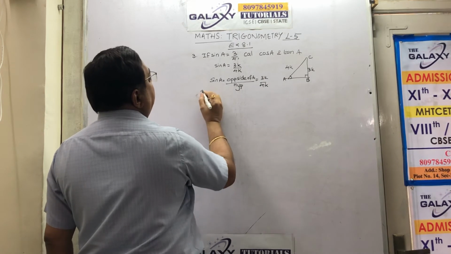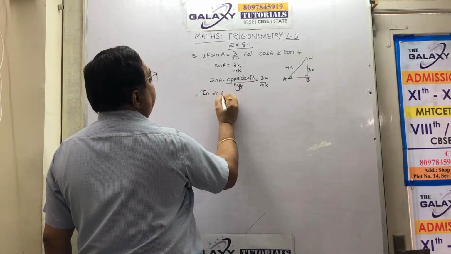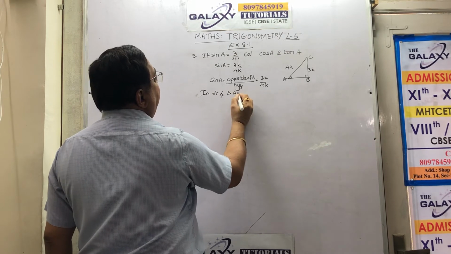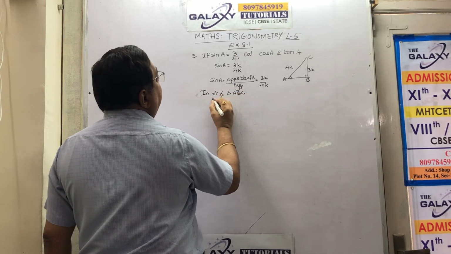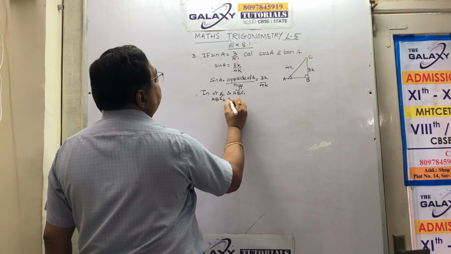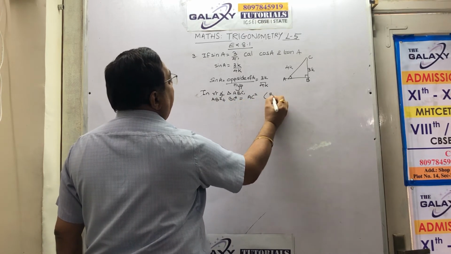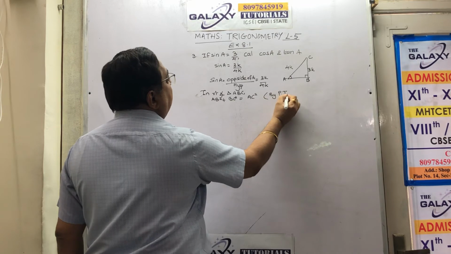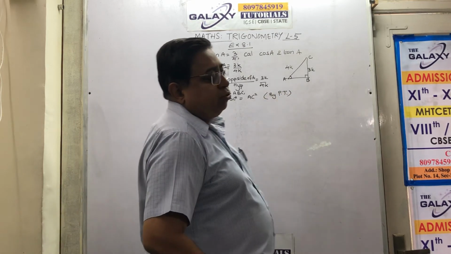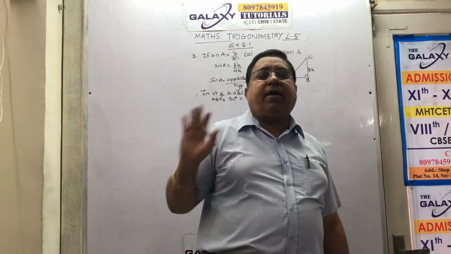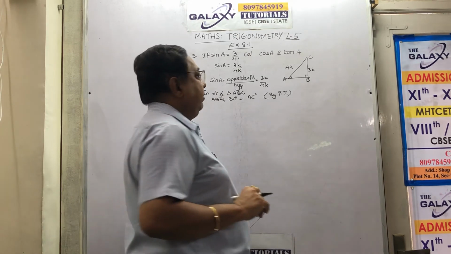In right angle triangle ABC, AB square plus BC square is AC square by Pythagoras theorem. My first step always is to see that I have all three sides of the triangle. Otherwise we cannot proceed.